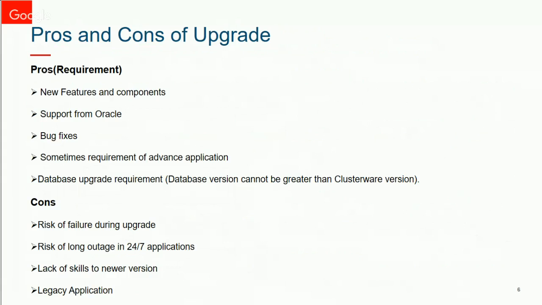You cannot do that unless you have the 12C release version of Clusterware. To have a new version of the database, you need to have the equivalent version of Clusterware. These were the reasons to go for an upgrade. There are some more, which vary by environment.